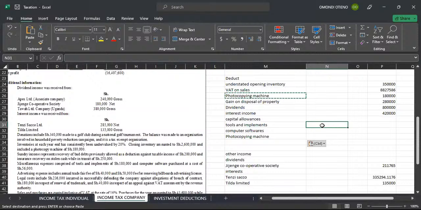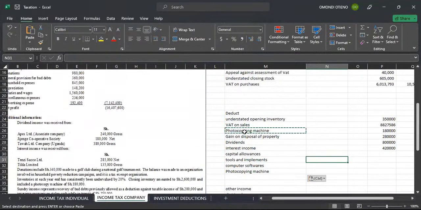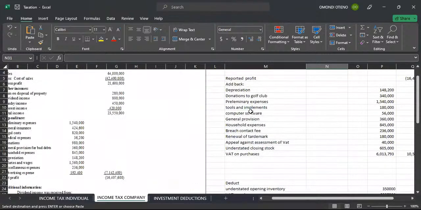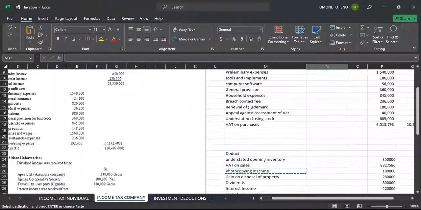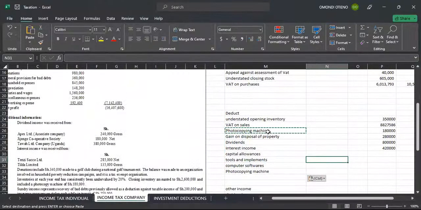Remember, even when deciding what to add and what to subtract, look at this photocopying machine. We are deducting it based on how it was treated or how it affected the profit. These other assets, which are also fixed assets, we are adding them back based on how they affected this profit. If I gave you a standard rule that all fixed assets are supposed to be added back, then you would add back this photocopying machine. Are you able to see the mess that you are going to get yourself into?